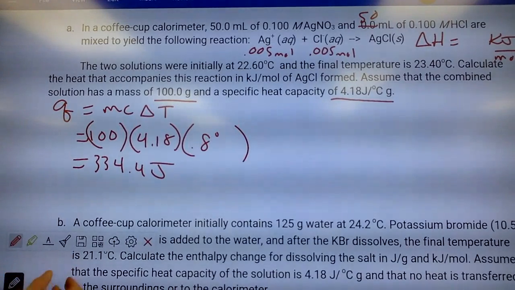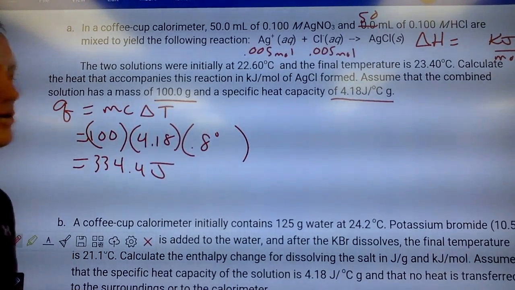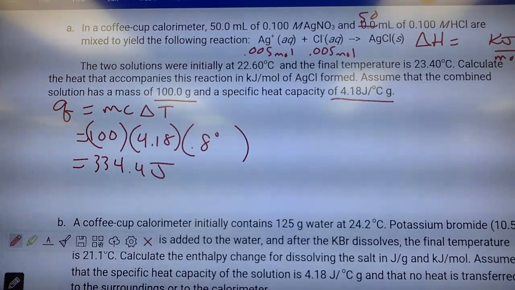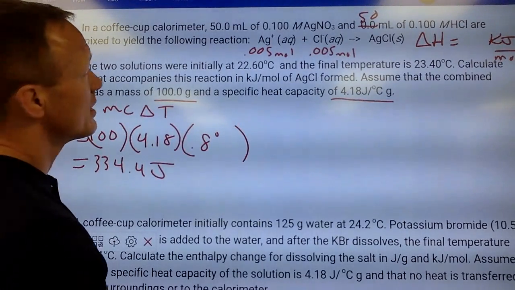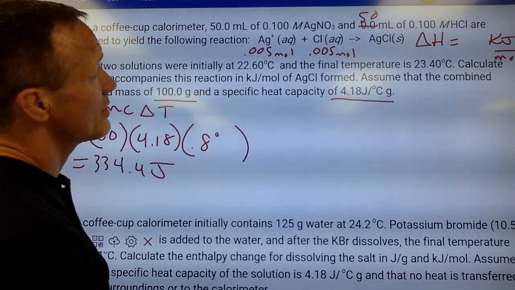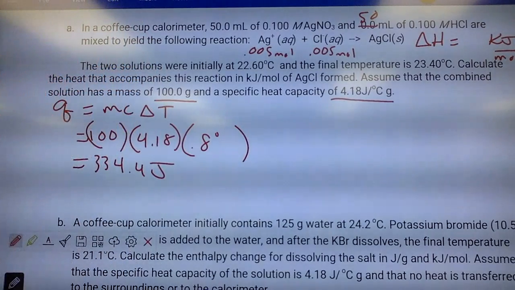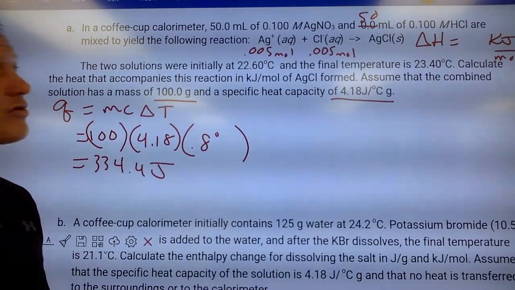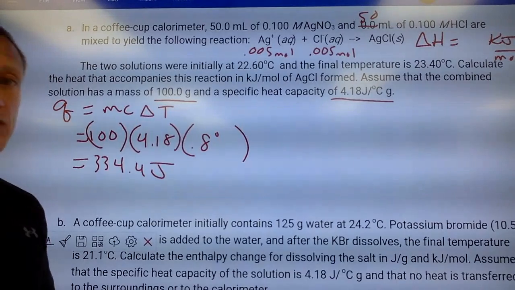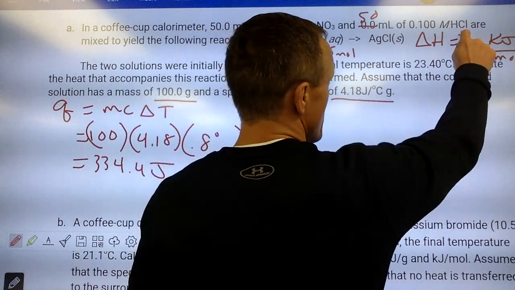If we think about that, the solution is getting hotter. That means that as this reaction is happening, the solution's getting hotter, so this reaction must be giving off some heat. So our delta H for this reaction has to be negative.